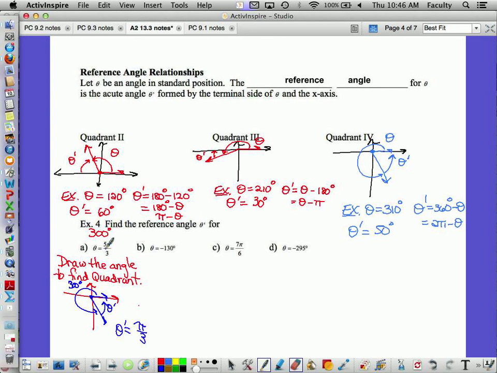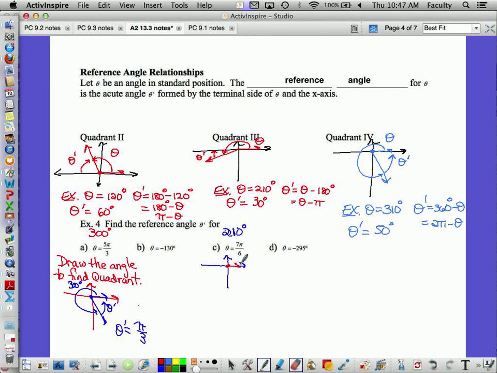Let's pop over to letter C, because that's in radians, and we'll keep the same thinking. So remember what I just told you. Cover up the 7, and I have pi over 6. How many degrees is pi over 6? 30. 7 times 30 is 210. All right, what quadrant is that in, 210?